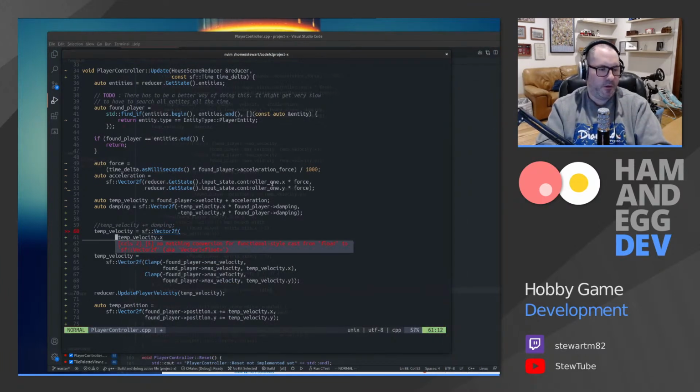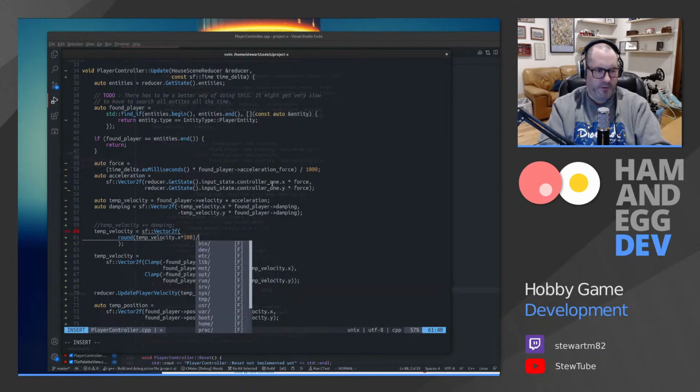Okay, so round temp velocity x by 100, and then divide that by 100, and then add that to the damping.